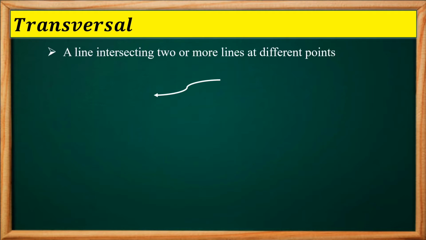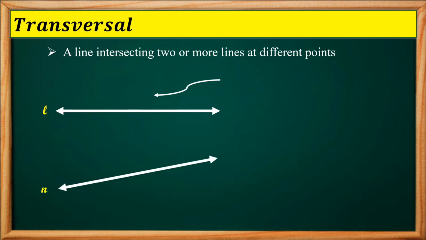Okay. Now, what is a transversal? A transversal line is a line intersecting two or more lines at different points. Example, we have here line L and line N. Meron tayong dalawang linya, line L and line N. Then, we will have here a line intersecting these two lines. This yellow line intersects line L and line N. And remember, the definition is intersecting two or more lines at different points.